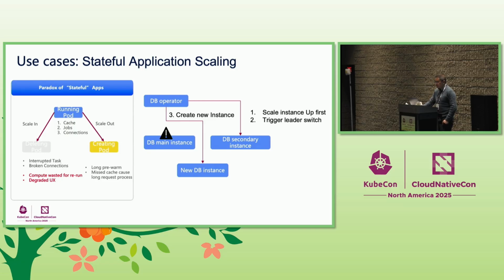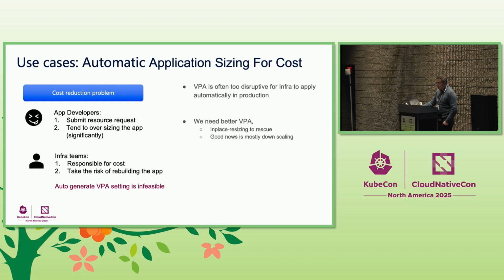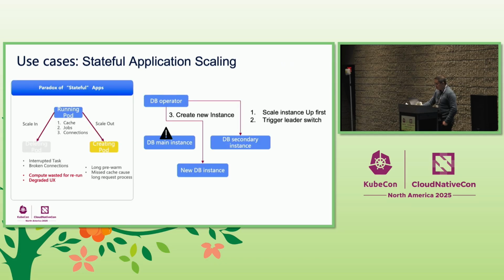In a particular database use case, with one of our database operators in Alibaba, we used in-place pod resizing to speed up the database during a leader switch. When the operator detects that a leader switch is coming, maybe because the leader has a hardware problem, it will scale up the secondary instance, so that when it becomes the leader, it has much more resources to handle the extra requests.